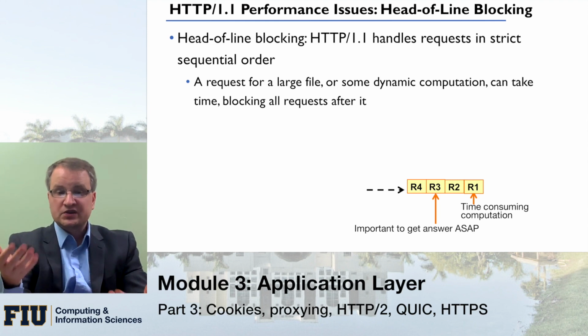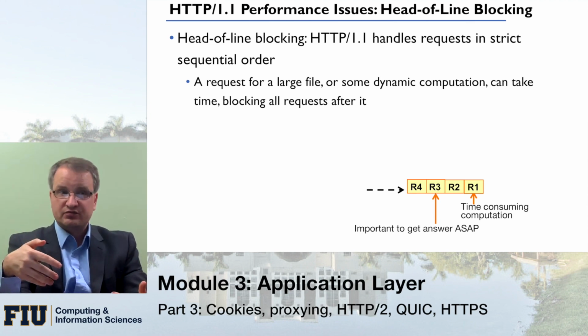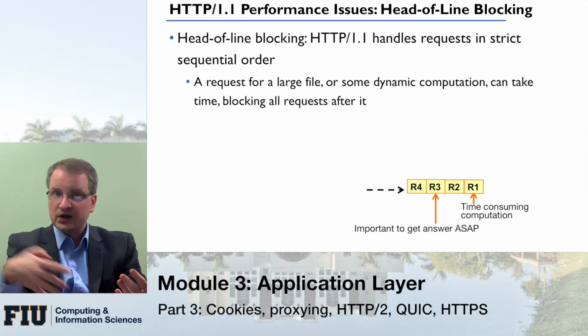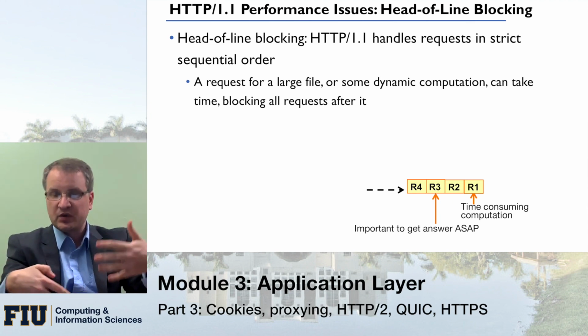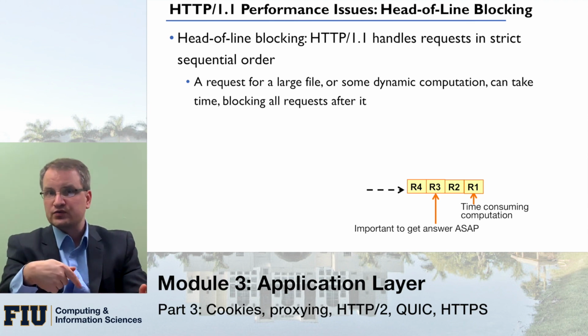So one of the solutions that HTTP2 was proposing is to do some form of chunking. Instead of making requests be fulfilled one by one, like in a pipeline, all requests can be served with some form of round robin.